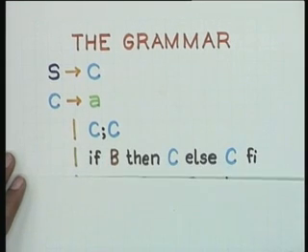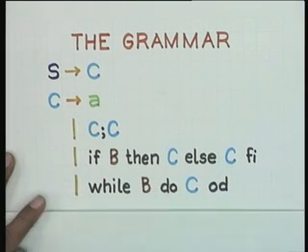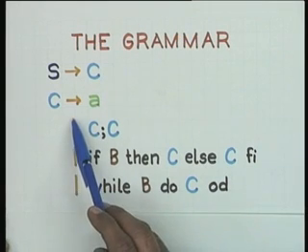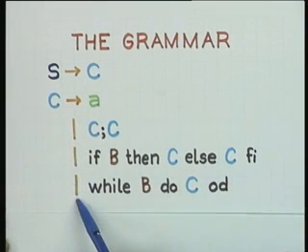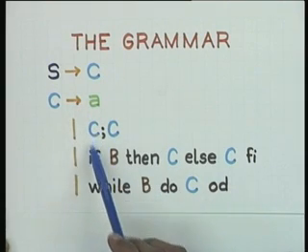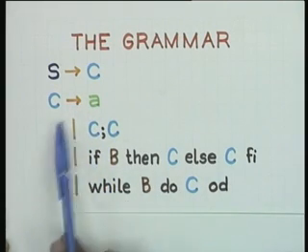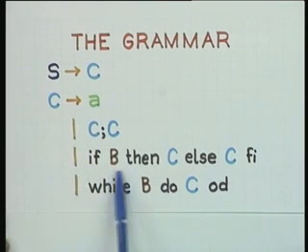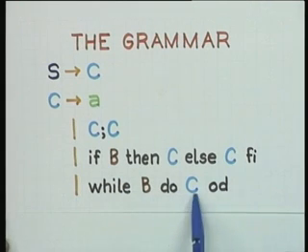It could be a conditional command, or it could be a looping command. Here I have used these brown bars to indicate that this actually is 4 productions: C arrow A, C arrow C semicolon C, C arrow if B then C else C phi, C arrow while B do C. This bar specifies the various alternatives that you have for each non terminal symbol.